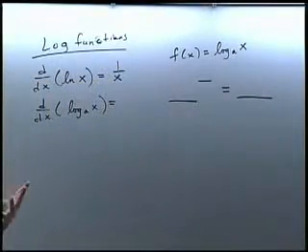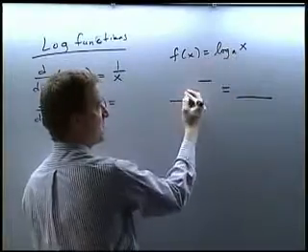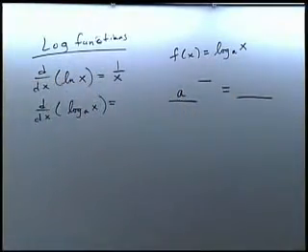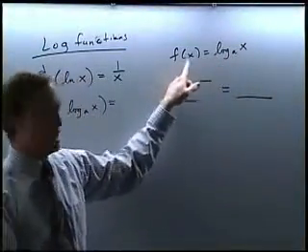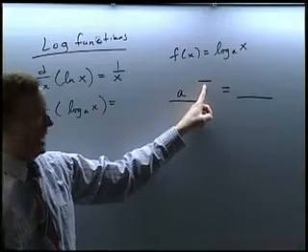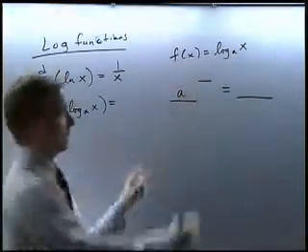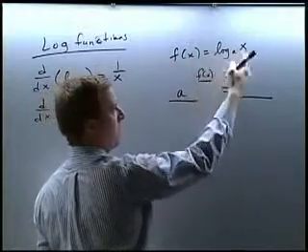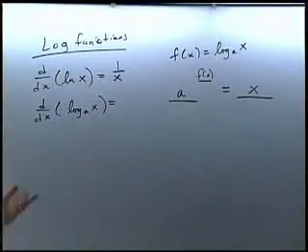Do you remember what goes where? Okay. The a is the base, so the a goes right here in this location. Okay. Now I've got an x and I've got an f of x. Which one should be up here? It's the f of x. a to the f of x equals x. That's how we switch from logarithm to exponential form, but if you haven't done it for a while, it's pretty easy to forget that.